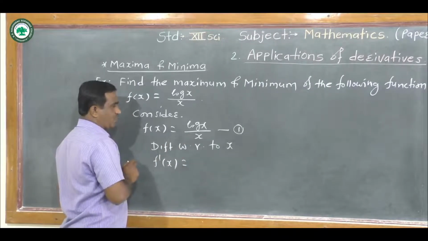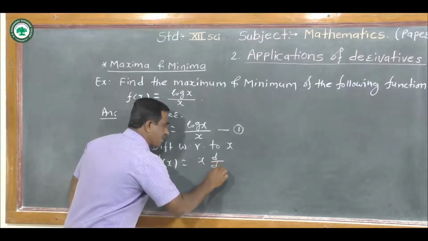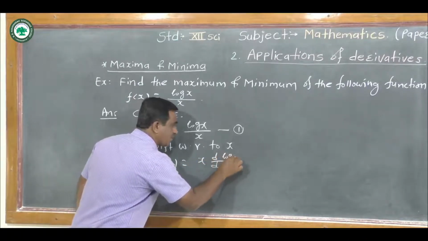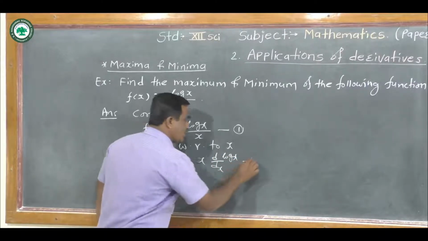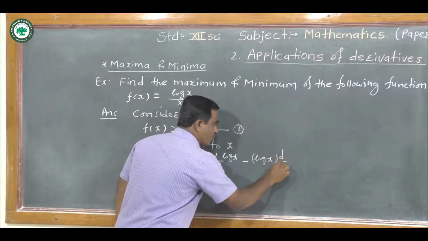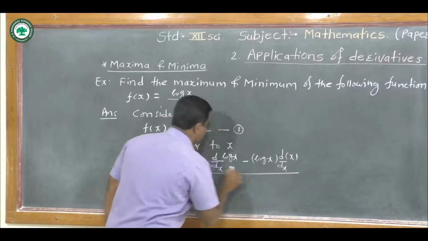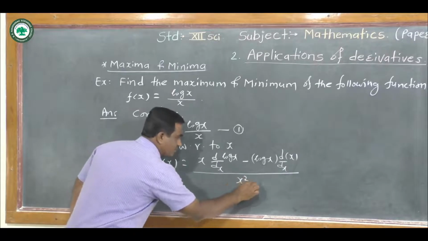derivative of log x upon x: x as it is, dy dx of log x, minus log x as it is into dy dx of x, upon x square.